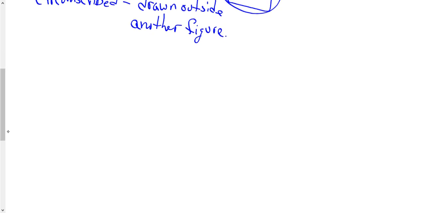Now, a triangle median you need to know. You need to know these terms, because they'll show up on the regents. It's a segment drawn from a vertex, different than the one we did earlier.